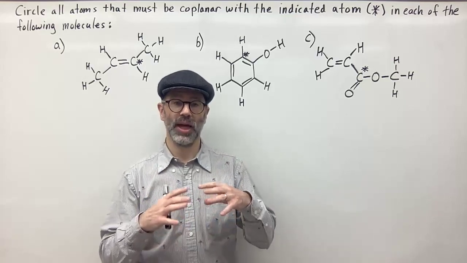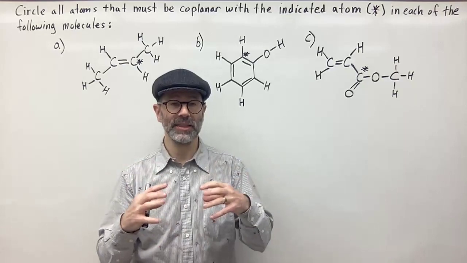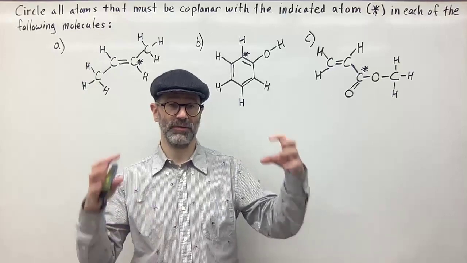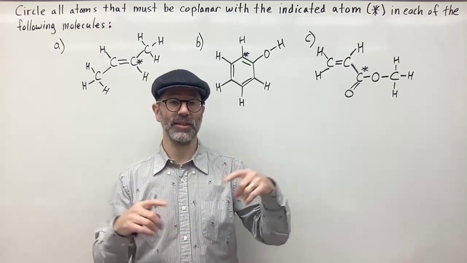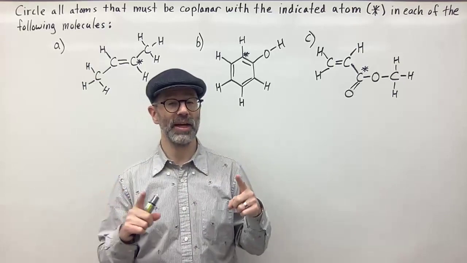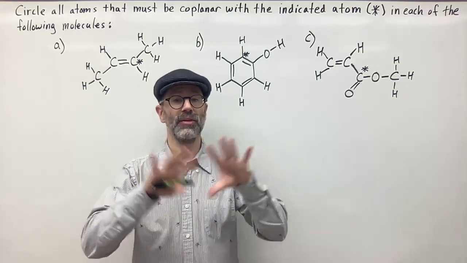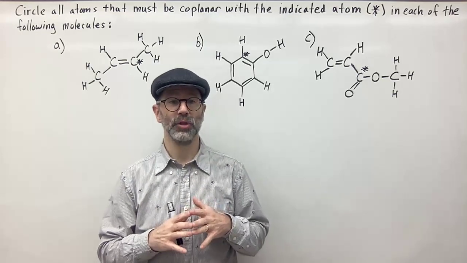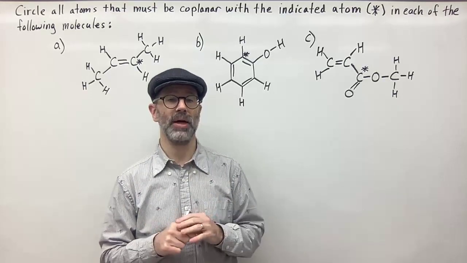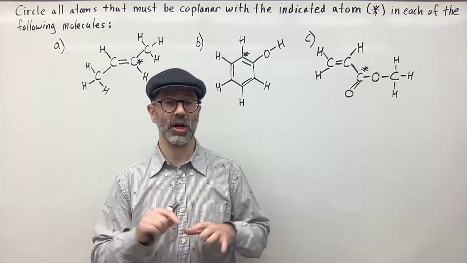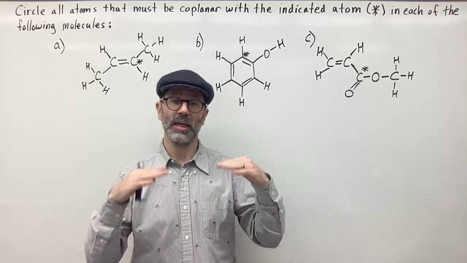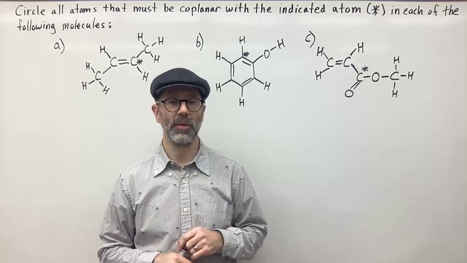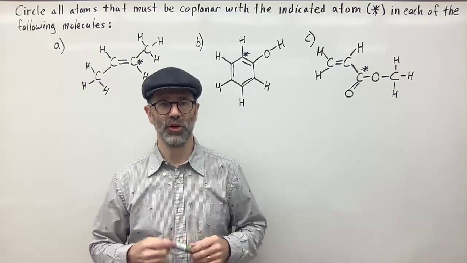So if the atoms are connected to an atom that has sp2 hybridization, and the atoms connected to the sp2 hybridized atom also have sp2 hybridization, then that's going to be all in the same plane. Also, you have to look out for the pi bonding because the pi bonding prevents rotation around the axis. So that's going to keep them either in the same plane or perpendicular. So we'll have to determine that. But that's kind of the things that you're looking for.